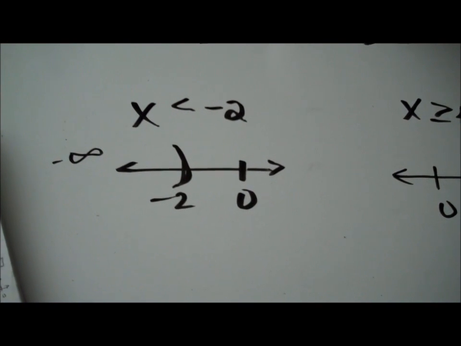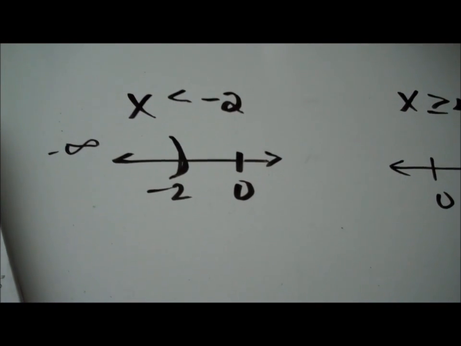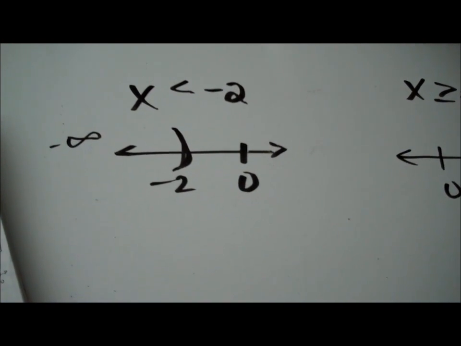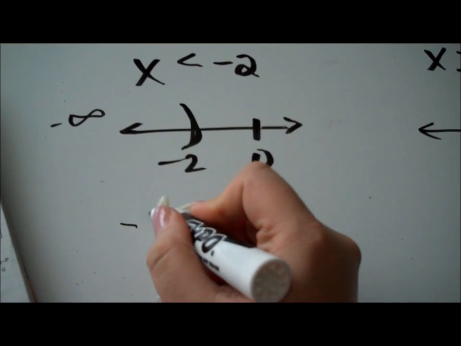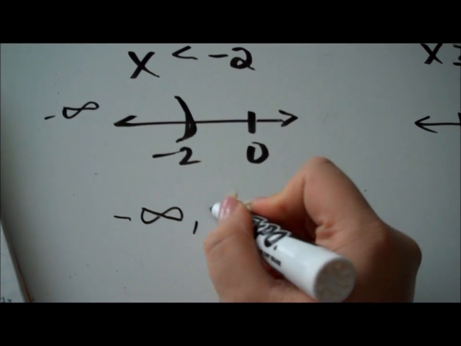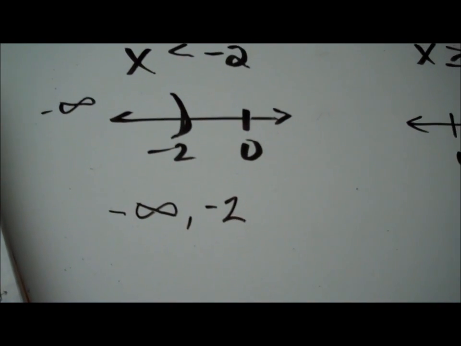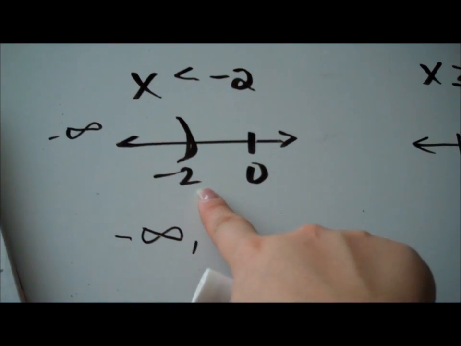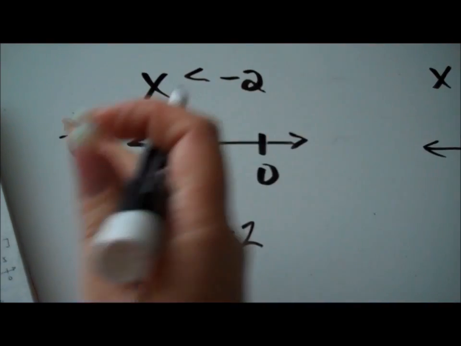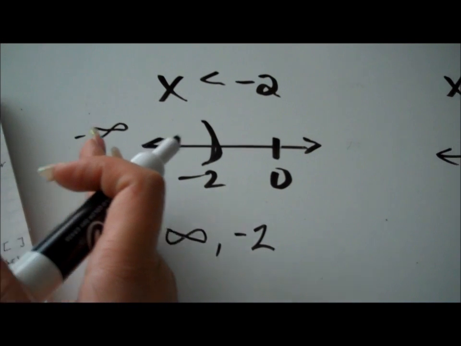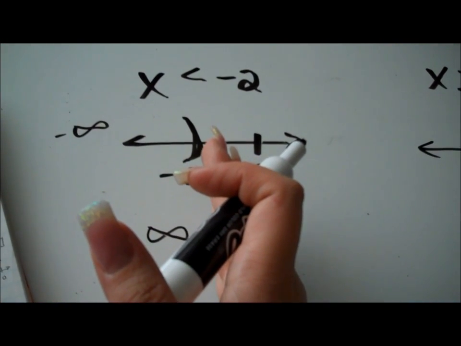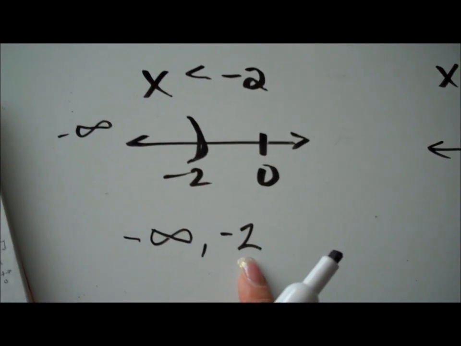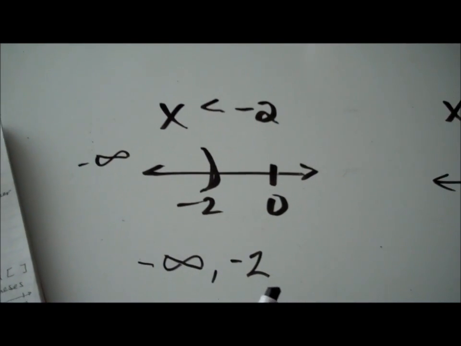And a set uses parentheses that show the range of the solutions. Okay, so we know that it's going to go from negative infinity out to negative 2. It's going to go all the way out to negative infinity, but it's going to stop at negative 2. And you always want to start from the left-hand side of the number line all the way to the right-hand side. So again, notice I have a negative infinity and a negative 2. They're separated by parentheses.